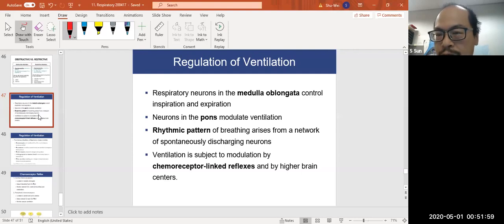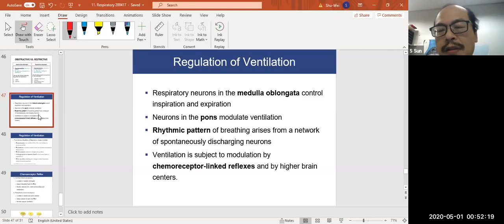If we want to control it, we can control it. But if we don't, then our brainstem will take over and generate a pattern. So we continue to breathe during sleep or at any time.